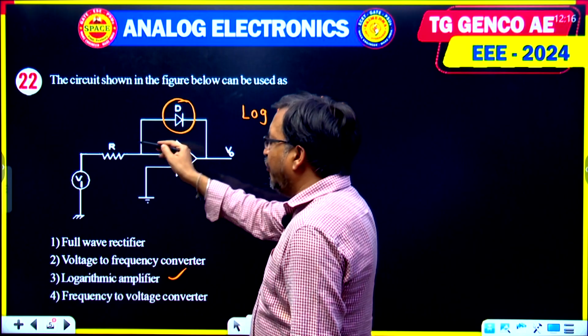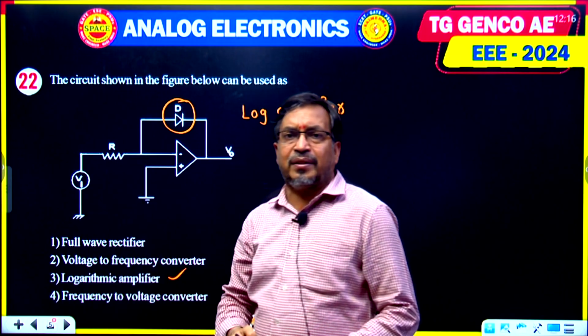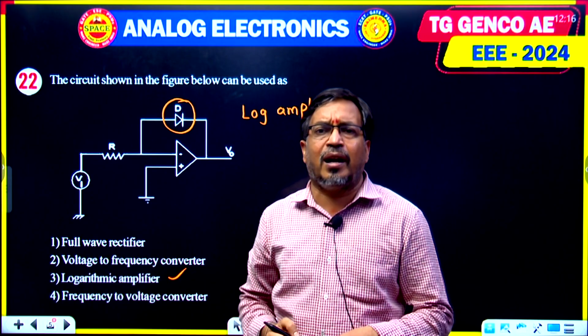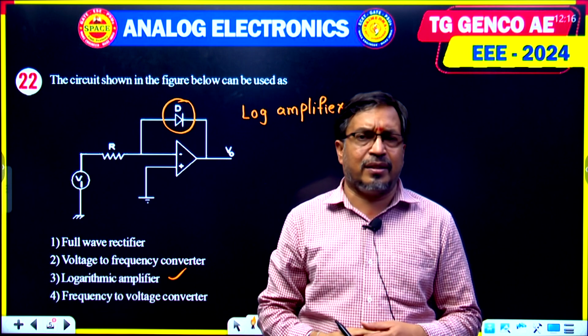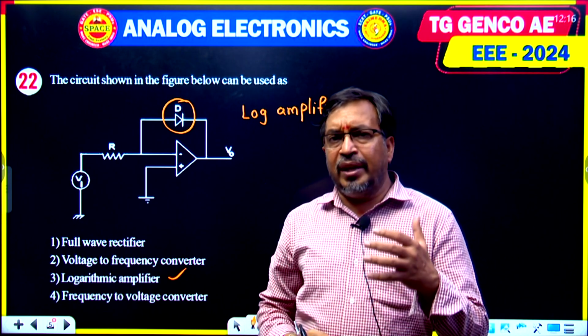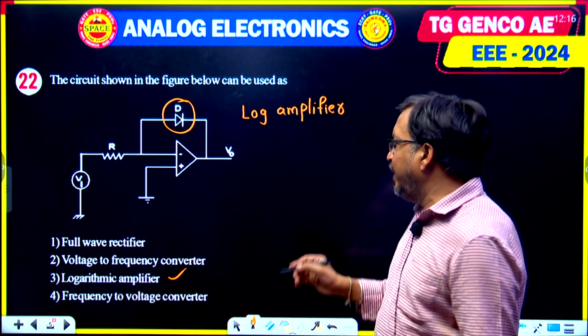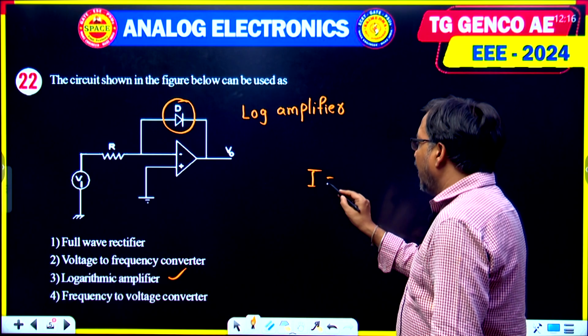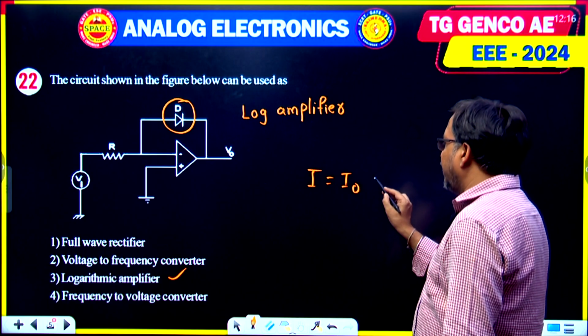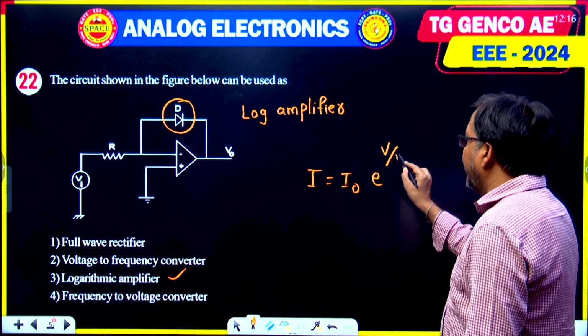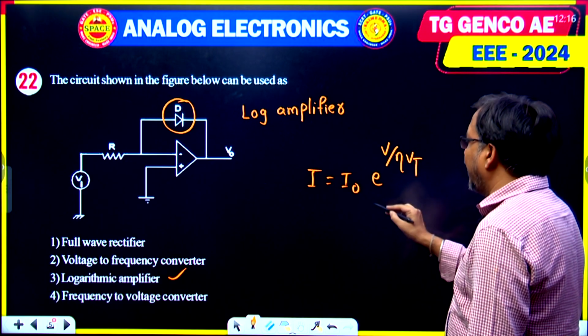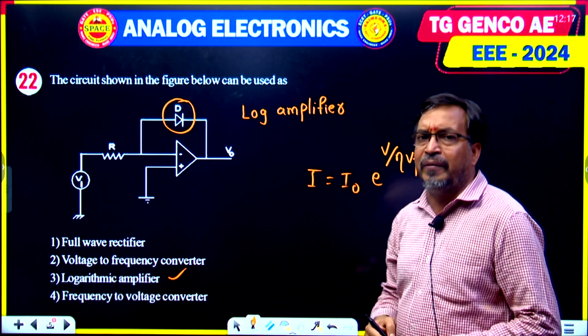Similarly, in place of the resistor, if a diode is there, then it is an anti-log amplifier, those are standard bits. And we know that when a diode is in forward bias and conducts, the forward current equation is I equals I naught into e power V by eta Vt.